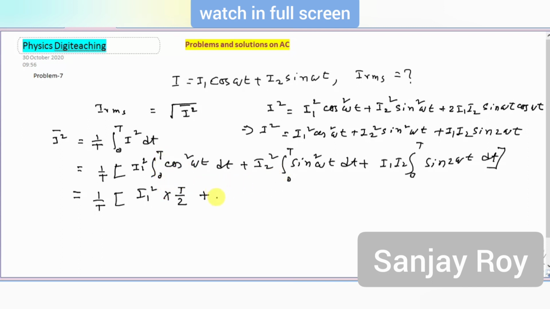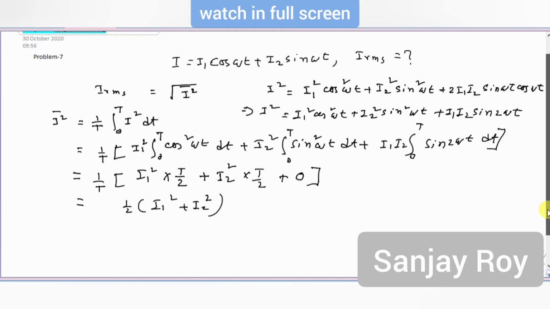Here also sin square is a periodic function, therefore this also gives T by 2. And the third term, sin 2 omega t dt, that is sin omega t cos omega t, this integration always gives 0. Therefore we get half into I1 square plus I2 square.